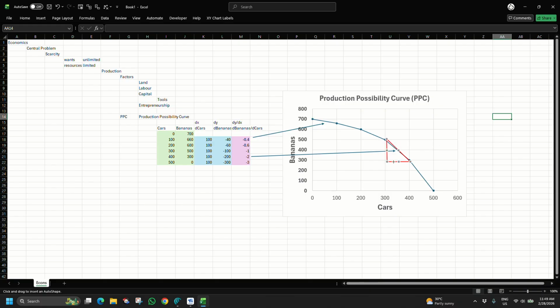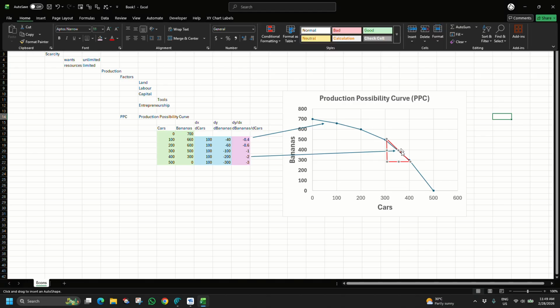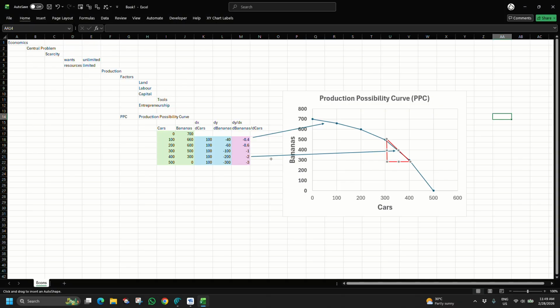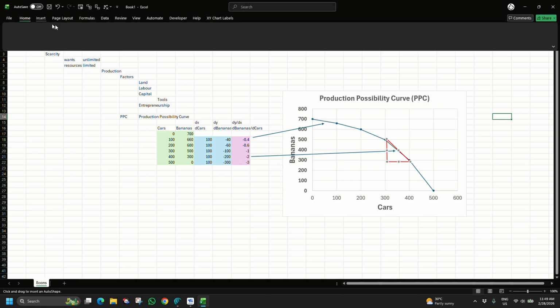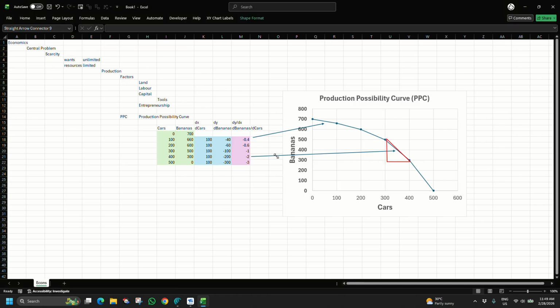Sorry. I'm pointing at the -1. The -1, okay? This one, because it looks like a 45-degree triangle, right? That's the change going from 300 to 400, right?